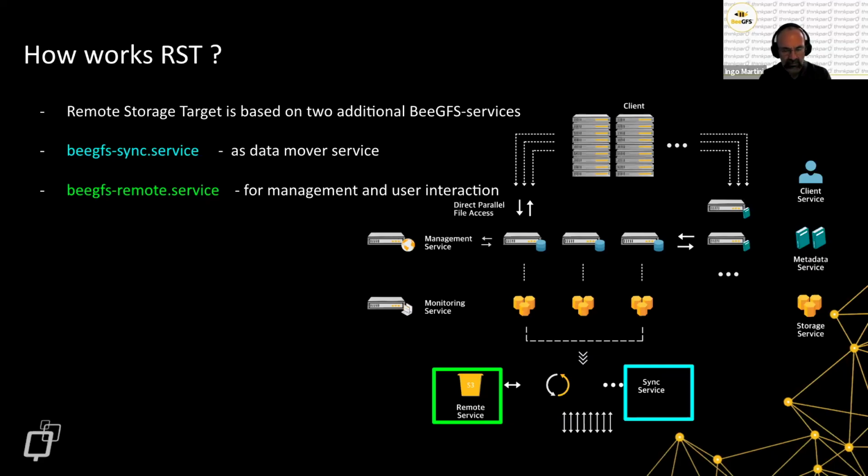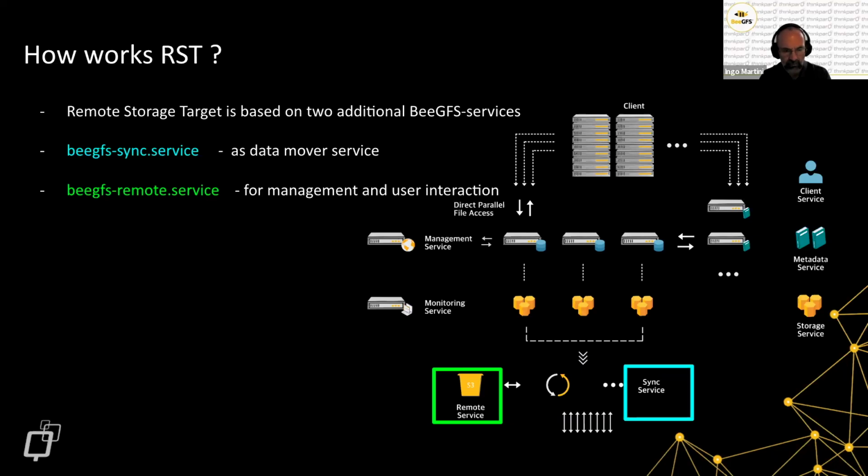We're installing additional services here. The BeeGFS sync is really the data mover. The sync process is the one reading from the file system and pushing the data to an S3 object, doing the put and get commands from the S3 API.